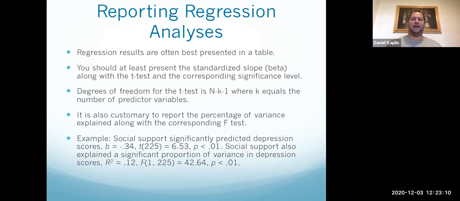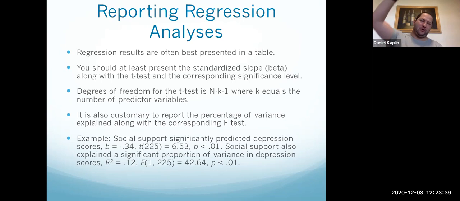So here would be how you would write a regression analysis, putting it all together. Social support significantly predicted depression scores. So if you had more support, you had lesser depression. And how do I know that? Because beta b equals minus 0.34. Well, that's a correlation. The slope, the trend is a negative correlation.